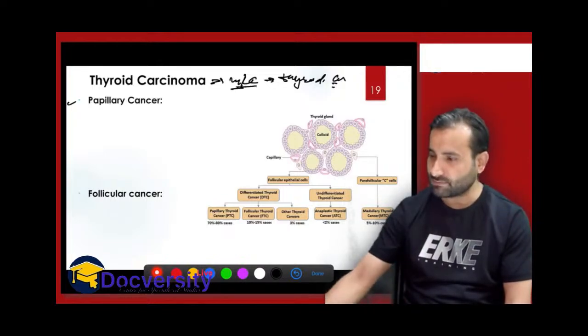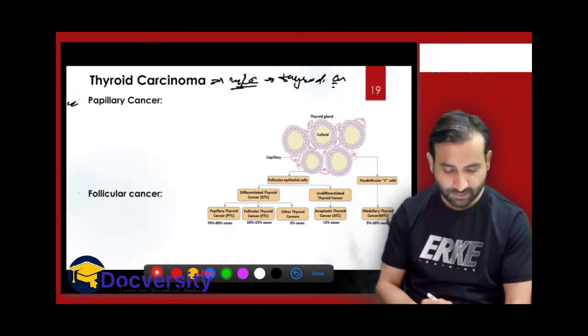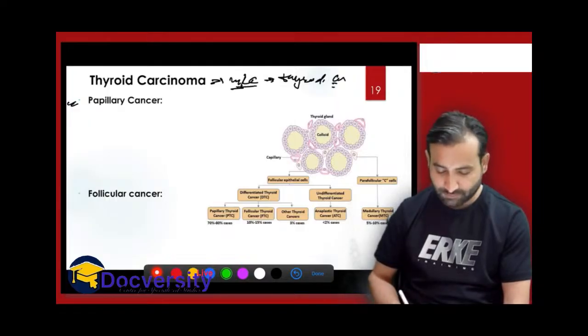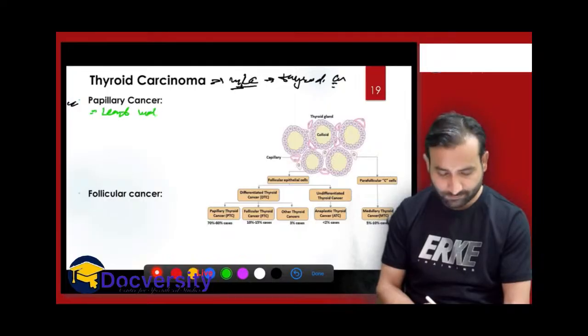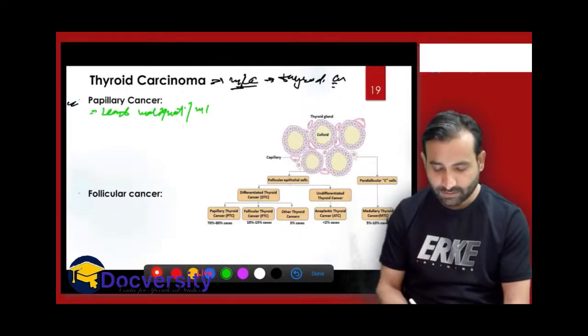And what are the types of thyroid cancers? We have the papillary type. In the papillary type, it's the least malignant. And you can say this is the most common thyroid cancer seen after radiation.